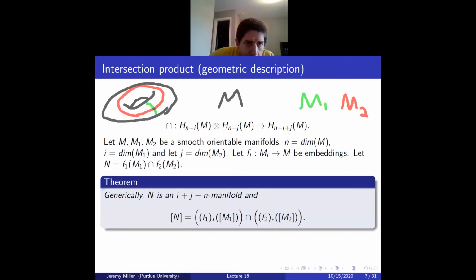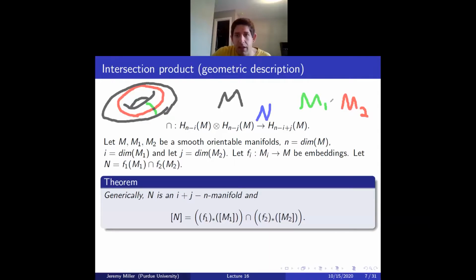And then the intersection point, which I can't draw, is N. So the fundamental classes of M1 and M2 give you homology classes in H1 of M, and N gives you a homology class in H0 of N, and the homology class associated to N is just the intersection product of the homology classes of M1 and M2.